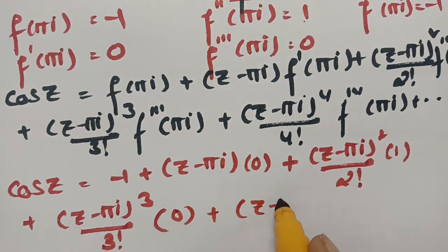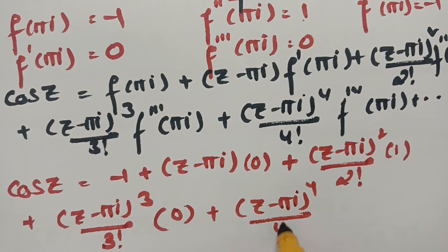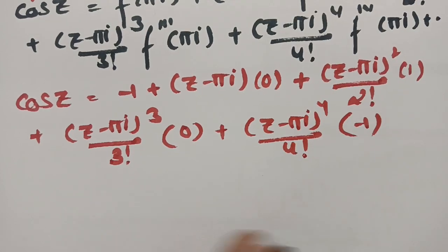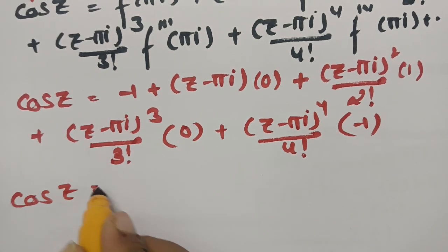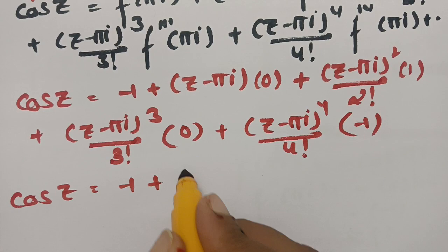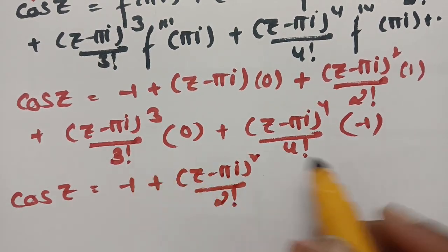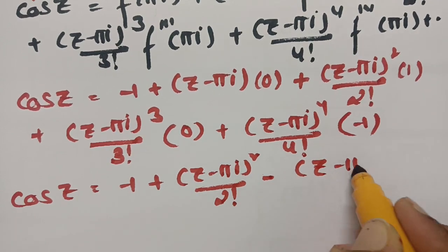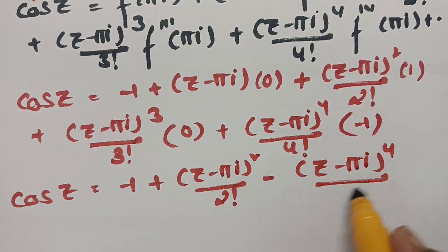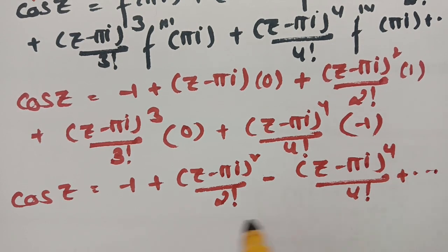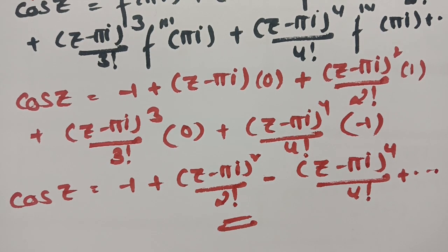And next, (z minus πi) power 4 by 4 factorial into the fourth derivative, which is minus 1. And therefore cos z is equal to minus 1 plus (z minus πi) whole square by 2 factorial, and this is 0, and minus (z minus πi) whole power 4 by 4 factorial, plus and so on. So this is the Taylor series expansion of cos z about z equal to πi.